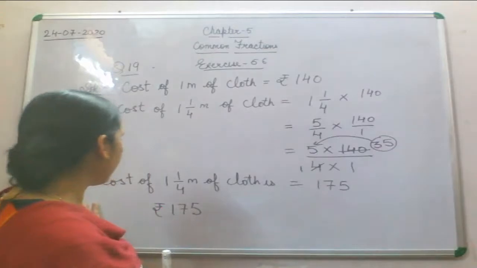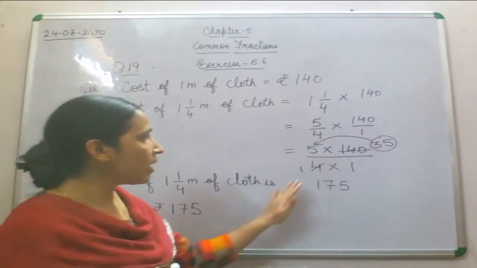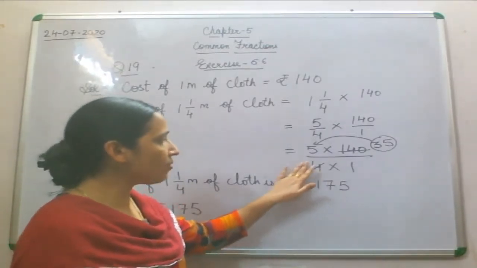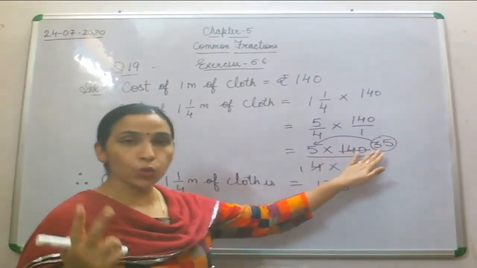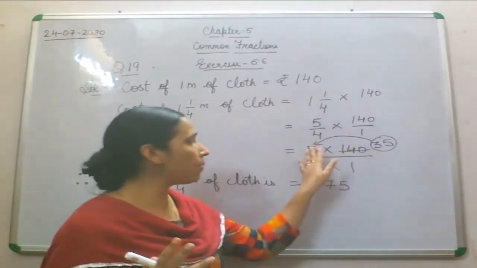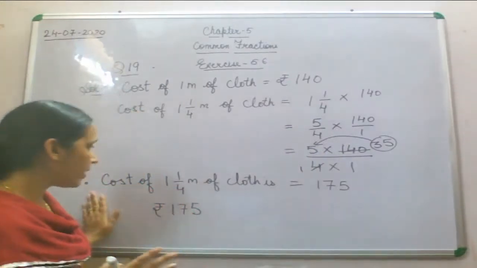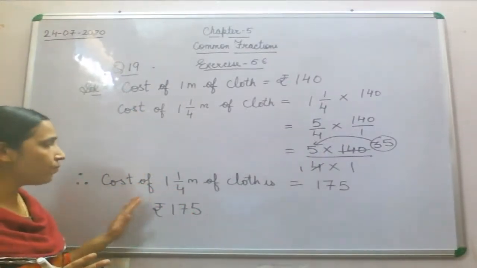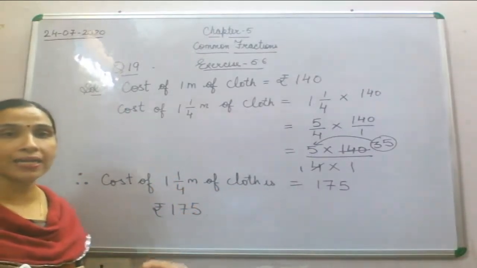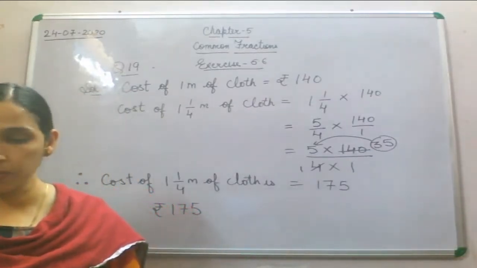Therefore, cost of 1 by 4 meter of cloth is, now here we have done the cancellation with the table of 4. 4 ones are 4 and 4 3s are 12. 2 will be remaining, 2 0. 4 5s are 20. 35 will be multiplied by 5 now. You will get 175. Therefore, cost of 1 by 4 meter of cloth is rupees 175. So this we have done, question number 19.